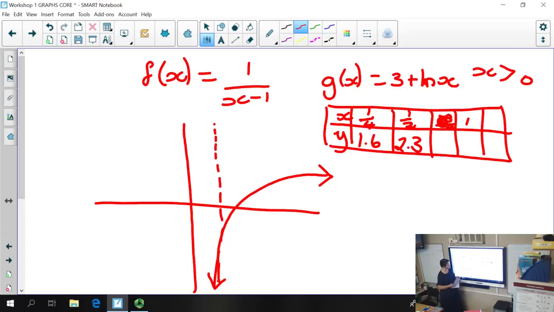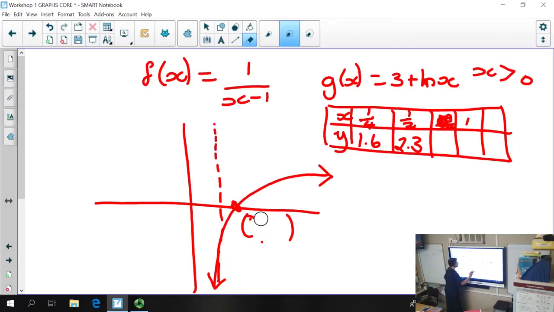And what is this point where it cuts the axis? Because they need to see those coordinates. When do we get that point? If x is 0. So if x is 0 here, what is this one? No, this is the other way around. Sorry, I'm wrong now here. It will be 3, 0.